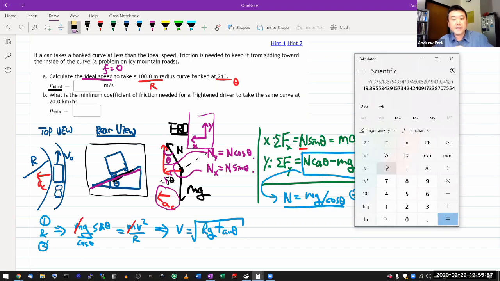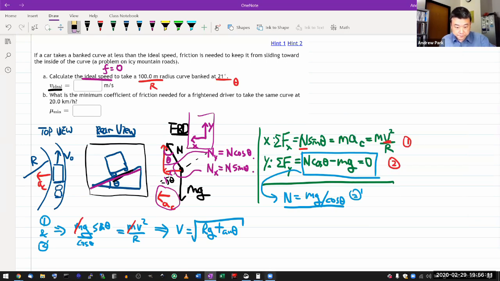Okay, so 19.39, or 19.4. I think we solved this question for the rounding issue already. So this should be 19.4 meters per second. That's the easier part of the question.